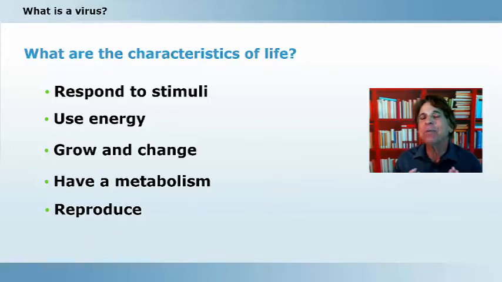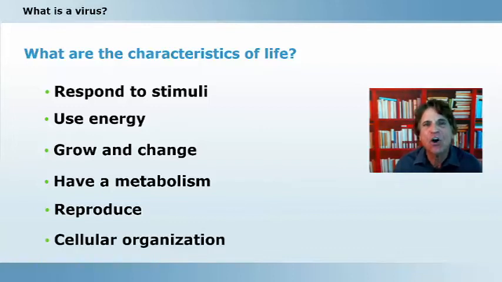Now, this is a little bit different from another word I'm going to mention later called replication. When something replicates, it might not make the copies of itself. It might have something else make copies. A little bit different, and we'll take a deeper look at this later when we discuss viruses.